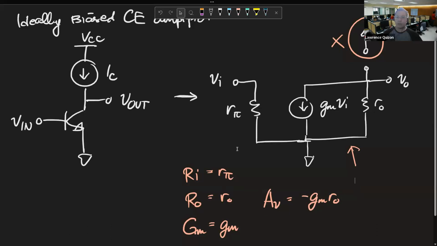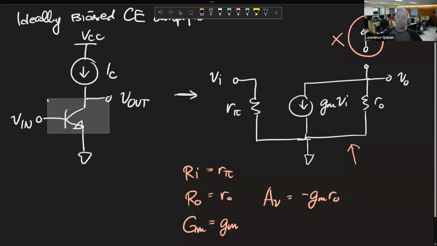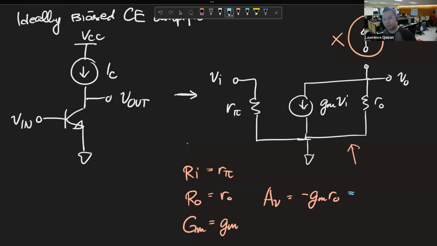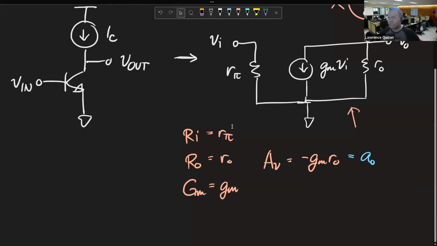We get all of the gain that is available to a single transistor, no? And we define this as A0, no? I called it Av in a lecture before because I already talked about this, no?